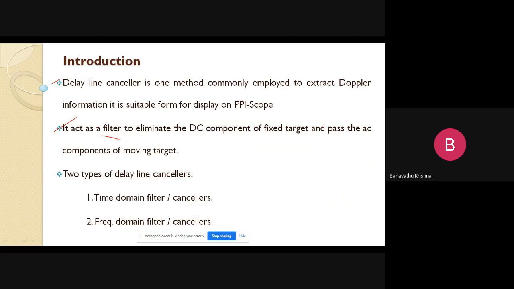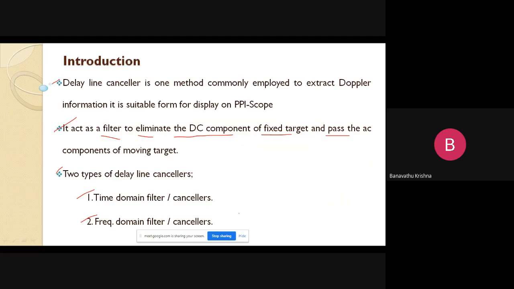Why do we use delay line canceller in radar system? Because to eliminate the DC component. The DC components are nothing but unwanted signals or clutters. Those are eliminated here, such signals being from the fixed target, and it passes the AC component of the moving target. There are two types of delay line canceller: first one is time domain filter or time domain delay line canceller, or frequency domain filter or frequency domain delay line canceller.